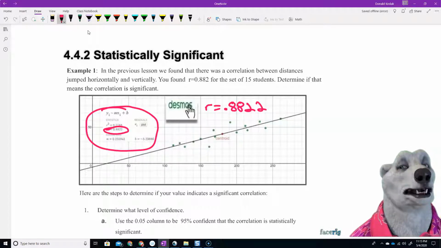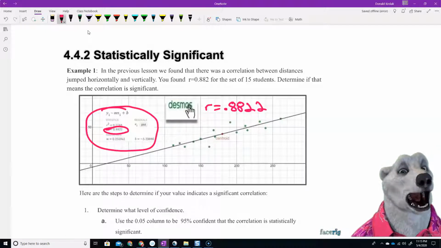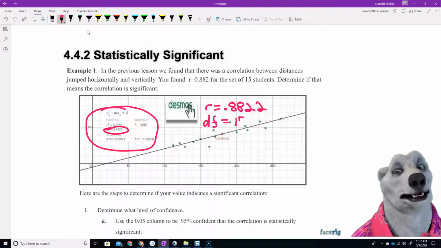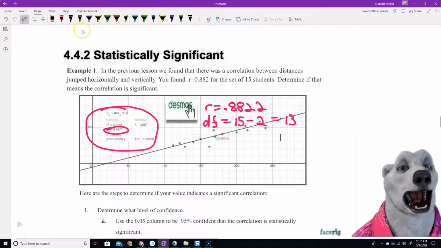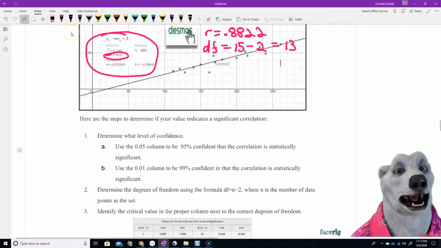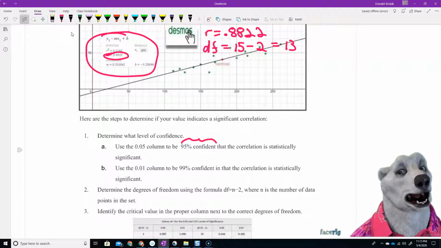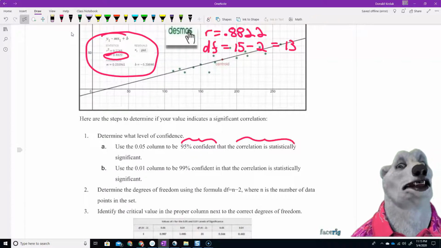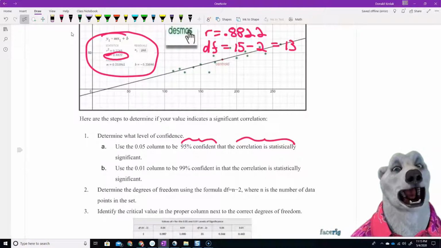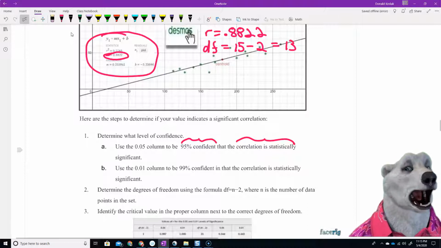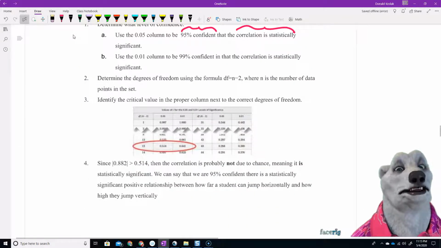We had 15 students, so our degrees of freedom is going to be 15 take away 2, or 13. We're going to determine that we want to have a 95% confidence level that the correlation is statistically significant. So we go to row 13.